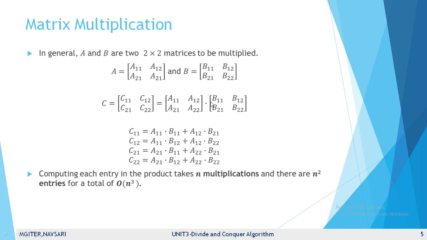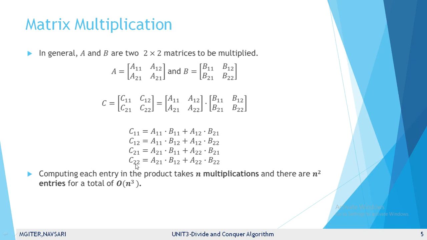For that we multiply the two matrices. For C11 we multiply A11 with B11 plus A12 with B21. Similarly for C12, we multiply A11 into B12 plus A12 into B22. For C21 we multiply A21 into B11 plus A22 into B21.